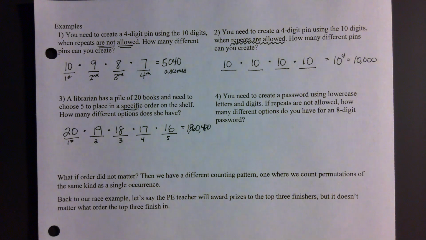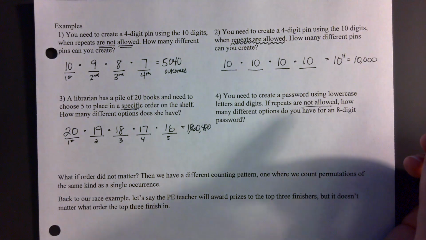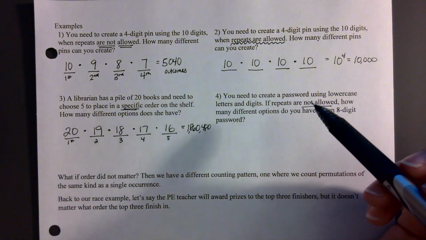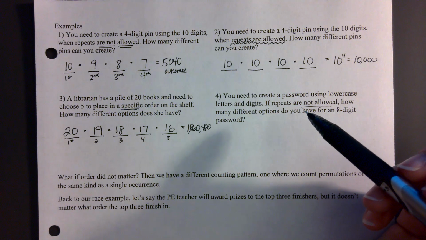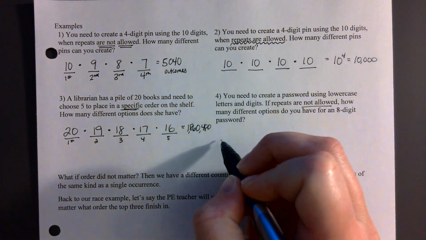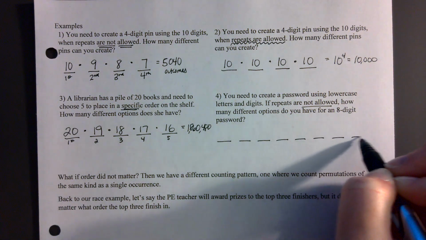All right. You can also create a password. So we're looking at another example. You need to create a password using lowercase letters and digits. If repeats are not allowed, how many different options do you have for an 8-digit password? So once again, repeats are not allowed. Let's see here, we've got 26 letters in the alphabet, and I'm going to draw my lines: 1, 2, 3, 4, 5, 6, 7, 8 digits.